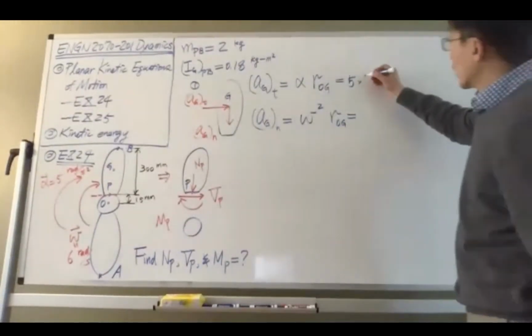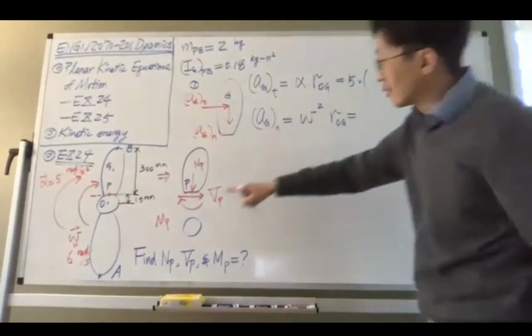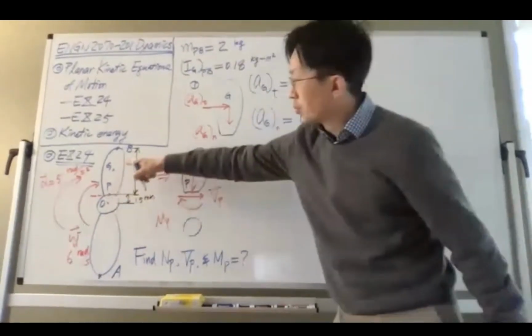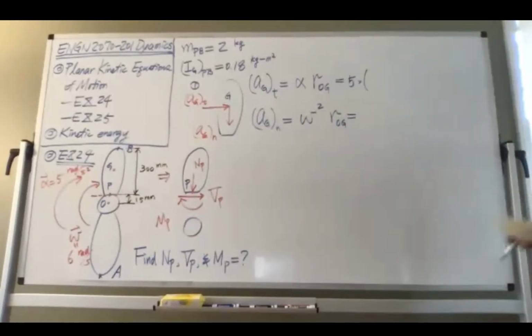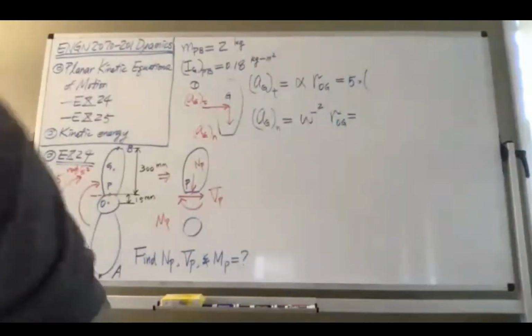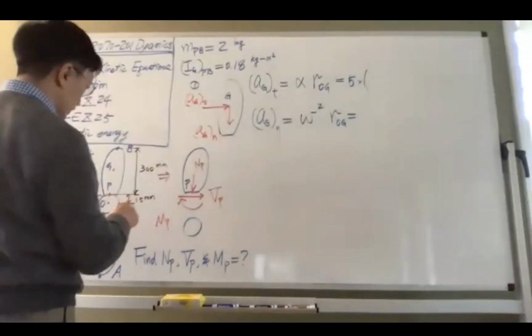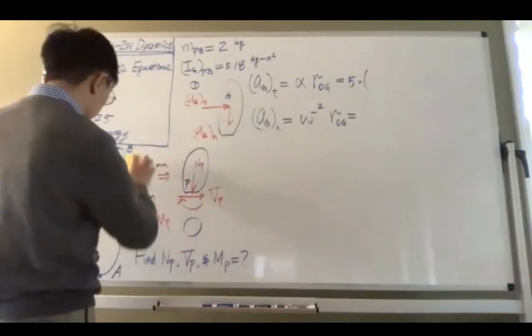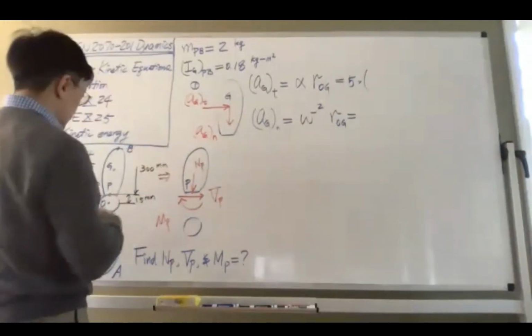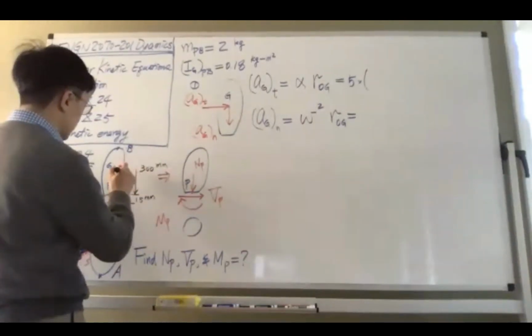Okay, so does anyone know what's the distance from point O to point G? Oh, actually, I made a mistake. The 300 is from the center. I'm sorry. 300 is from the center. Of course, how can you solve the problem?